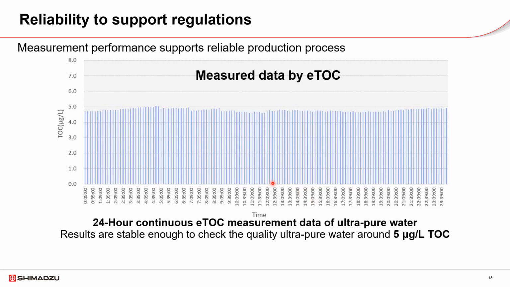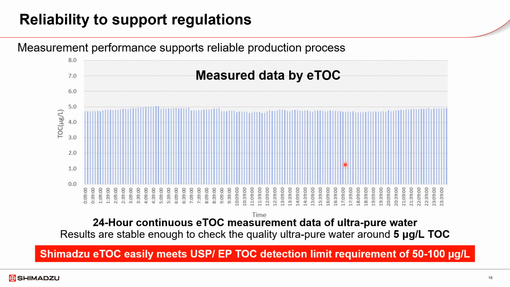This analysis shows 24 hours continuous measurement with 15 minutes interval at a 5 ppb level TOC concentration. Results are stable enough at this level, as you can see in the shown data. Shimadzu ETOC can easily meet the USP EP TOC detection limit or upper limit criteria requirements.